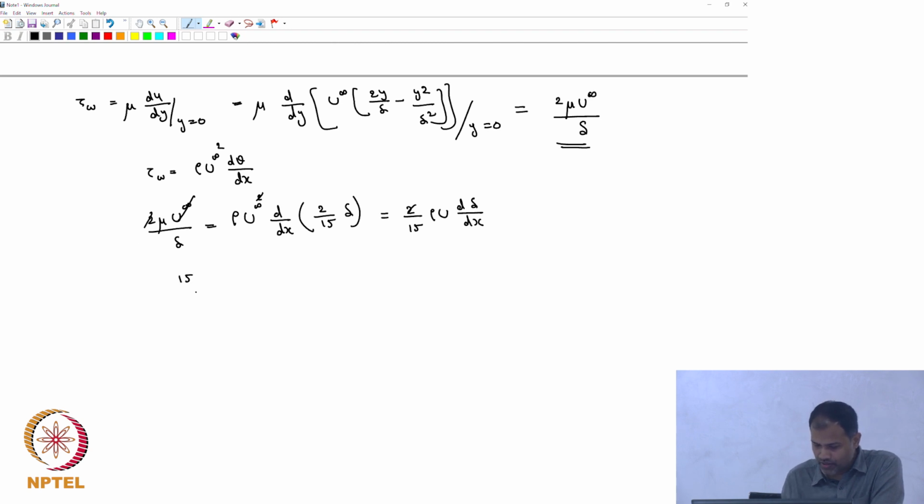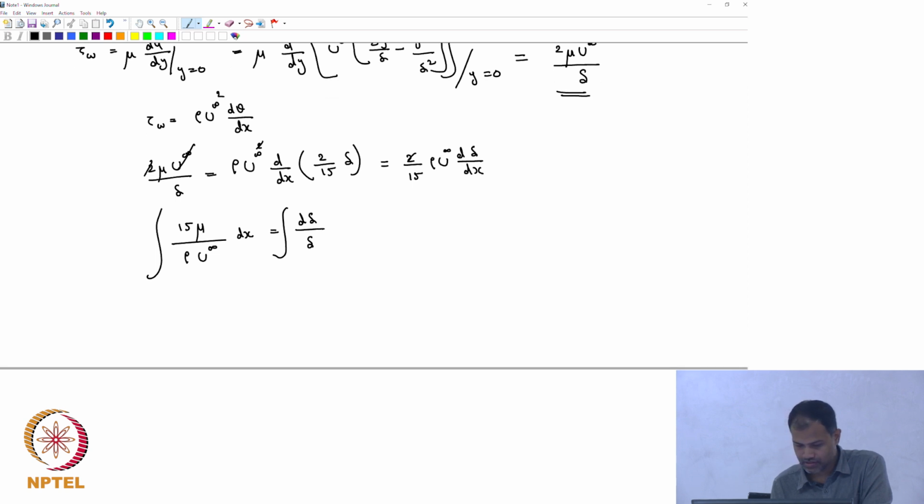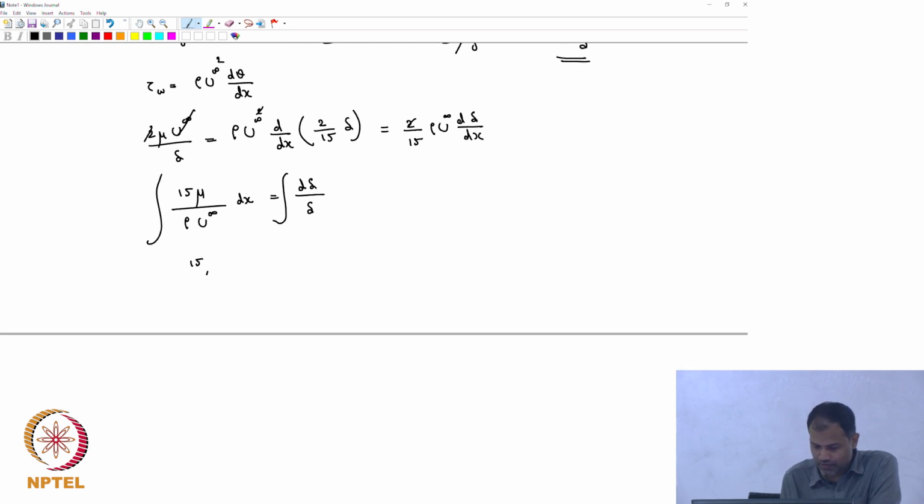We have 15 mu u infinity by rho u infinity square dx is equal to delta d delta, and integrating, we are going to get 15 mu by rho u infinity into x is equal to ln delta.